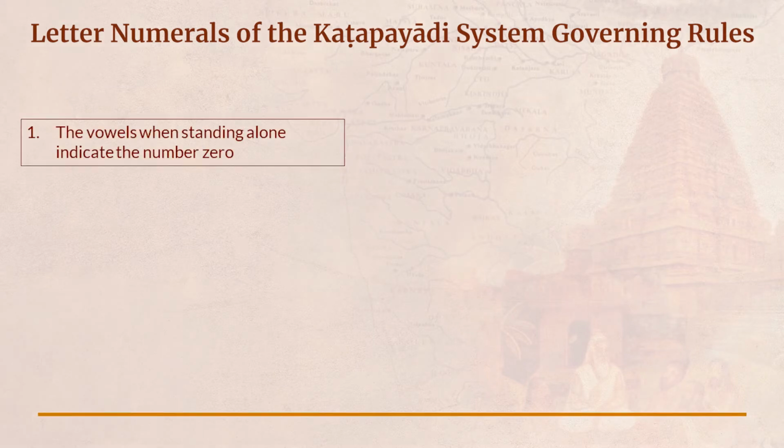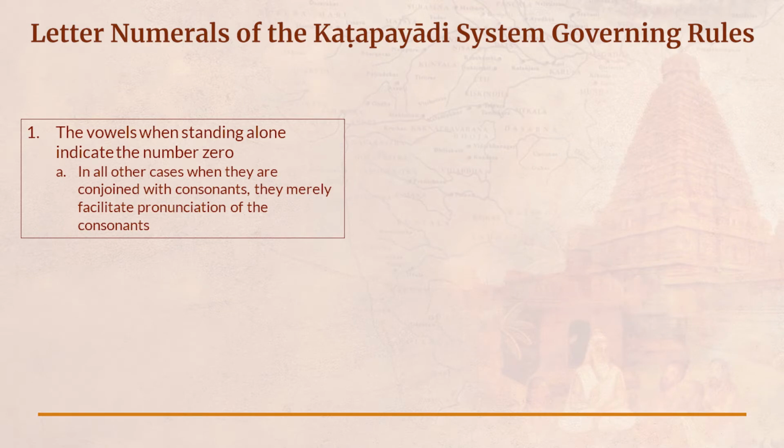Rule number 1, the vowels when standing alone indicate the number 0. So, if it is just a or e or whatever, then it represents the number 0. That is the first rule. In all other cases, when the alphabets are conjoined with consonants, the vowel is merely to facilitate the pronunciation of the consonant.